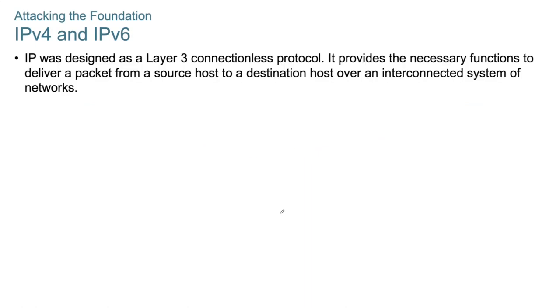IP was designed as the layer 3 protocol, that is Internet Protocol. IP is a layer 3 connectionless protocol because it doesn't establish any connection between the source and the destination. It provides the necessary function to deliver a packet from a source host to a destination host over an interconnected system of networks.